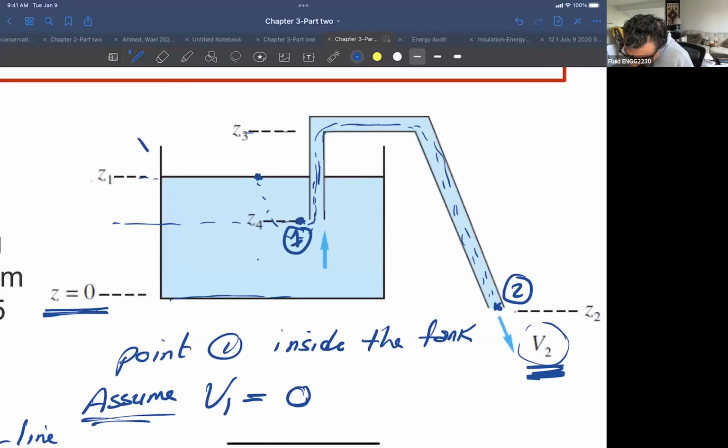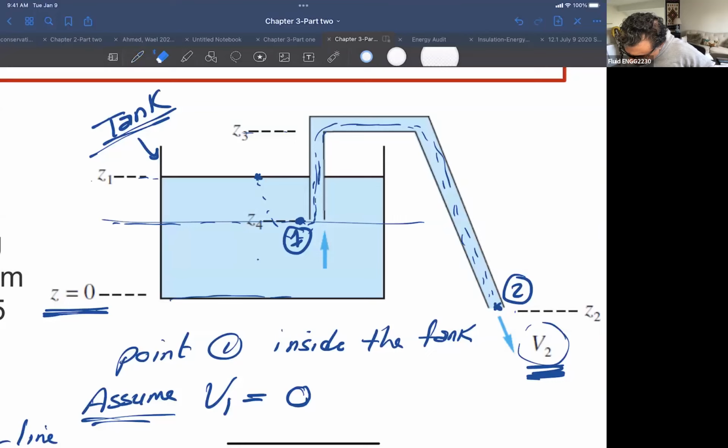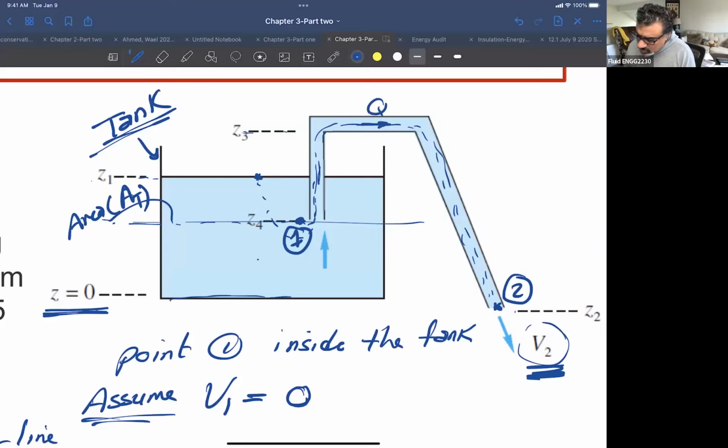So this tank here is a big tank, right? When we are saying tank, that means we are considering this huge area. So the cross-section area here, the area of the tank, is huge, right? So whatever the flow rate is going to be, it's only inside this pipe, this Q here, right? If you need to find out the velocity of the tank, you just divide by the area of the tank.